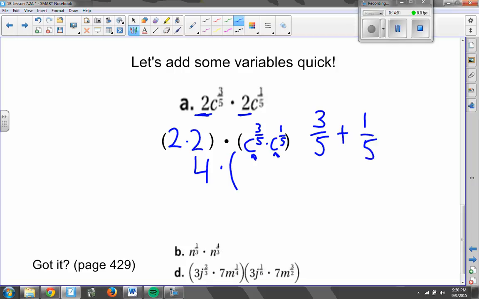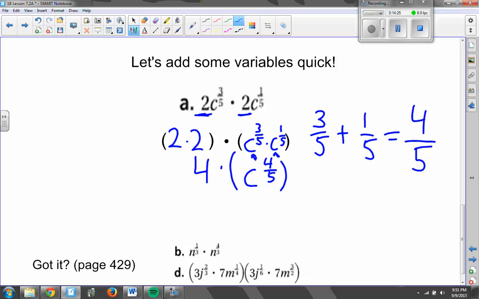Add them together. So 3 over 5 plus 1 more over 5 should give us 4 over, bottom does not change. Please don't change the denominator. 4 over 5. Okay? So really this expression in the parentheses on the right is going to become C to the 4 over 5 power.